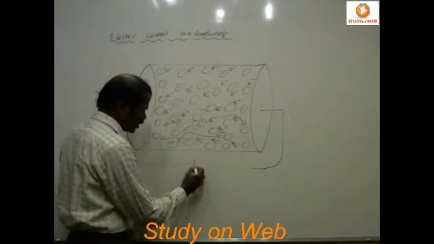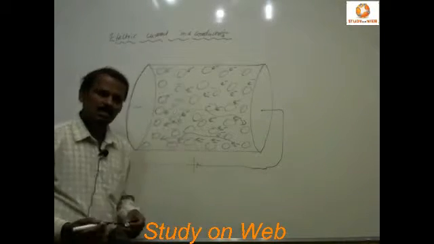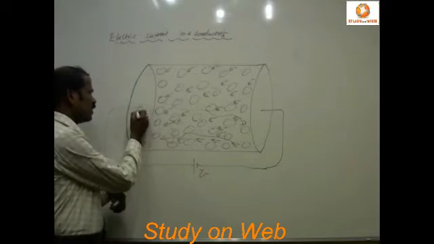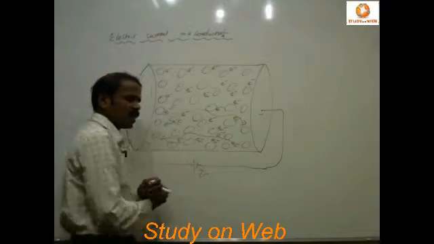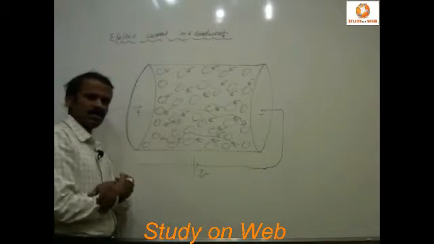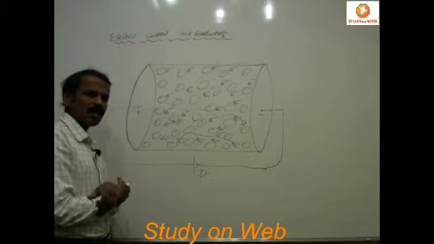If you apply the potential difference using a battery, this end will be positive and this end will be negative, then all the electrons will be moving in one direction.